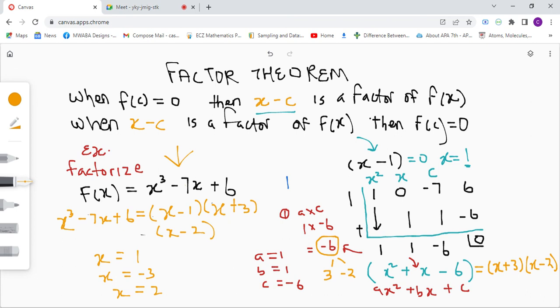As we saw when we substituted x with 1, we got 0. If you substitute x with negative 3, you will get 0. Substitute x with 2, you're still going to get 0. So we have factorized our polynomial.